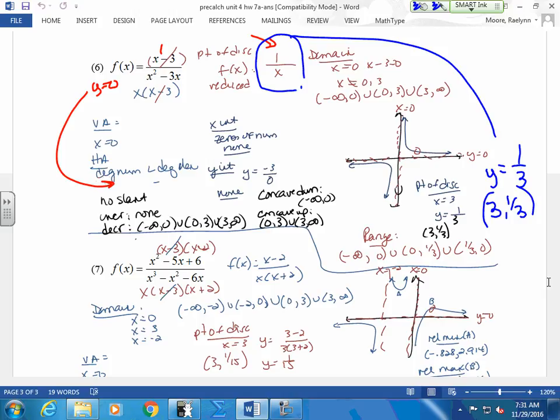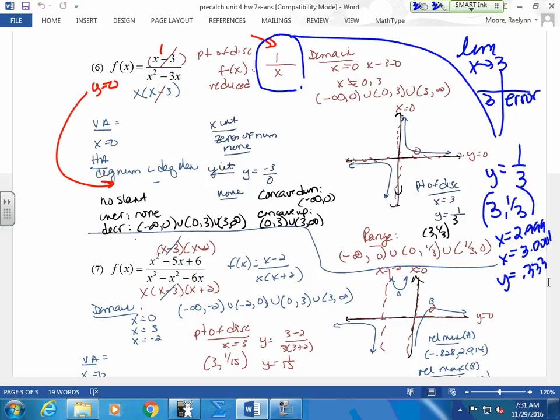Again, if you put this in your calculator, your table will say 3 error, but you can do a 2 point. So as the limit as x approaches 3, we can do if x is 2.99999 and if x is 3.00001, it will say y is 0.33333. It'll look like 1/3. It'll approach that point from both ends.